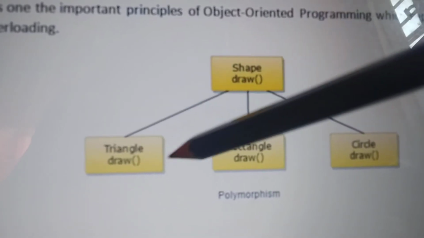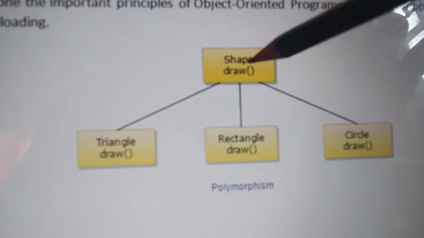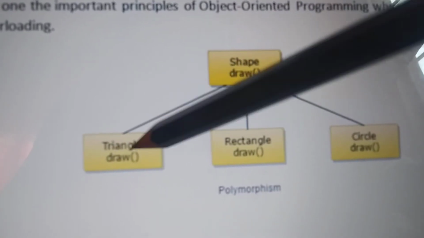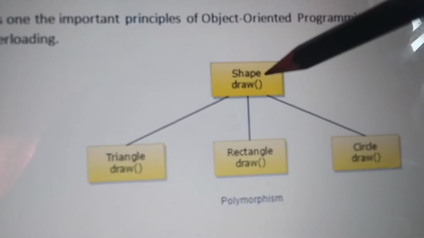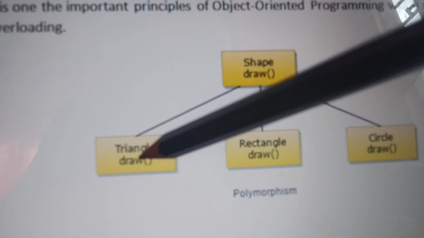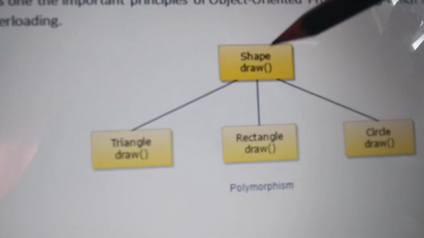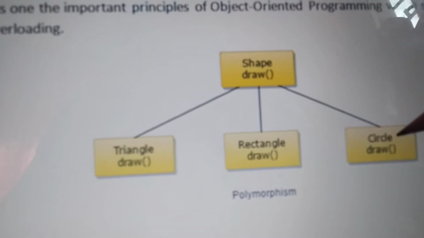Means all the three child classes are accessing the same function. See, we are having the same function. Whatever function is present in the parent class, draw, that itself is out here in the triangle class, rectangle class, and in the circle class.